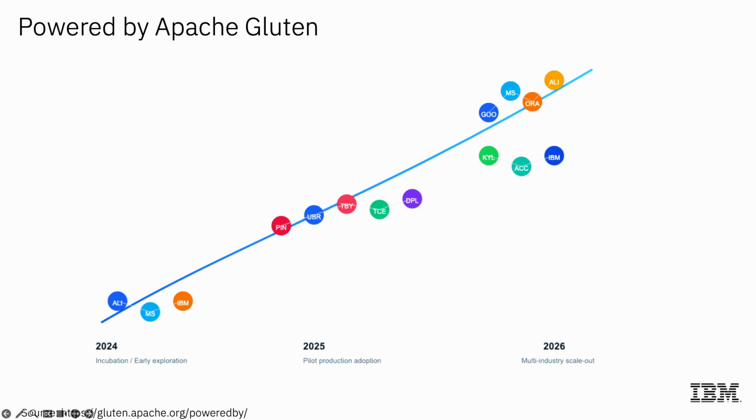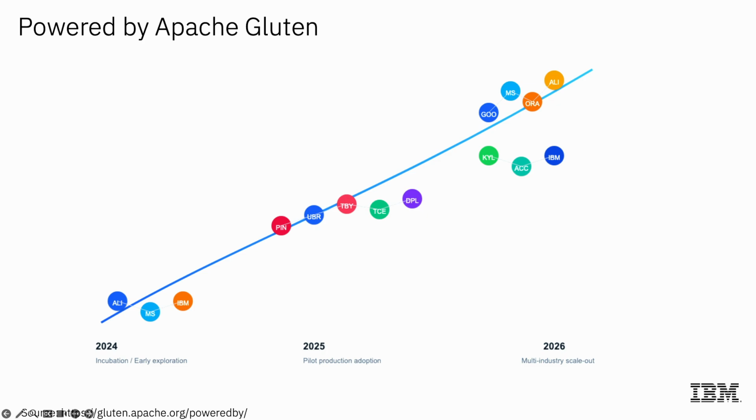Okay, so the last page is on the Gluten Velox adoption velocity. We are collecting production stories in the Gluten community. Here's a picture of the adoptions. I removed some of the adoptions earlier than 2024. Starting from 2024, you can see the icons may be a little small here.